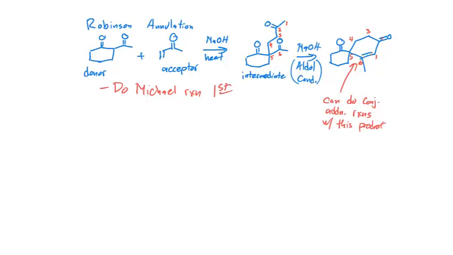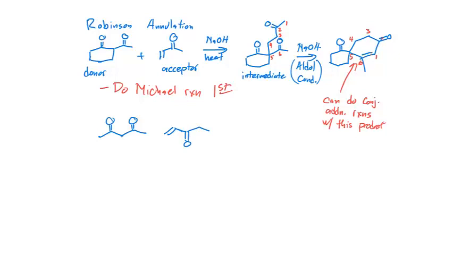So let's just look at one more example. What if we wanted to use just a simpler dicarbonyl species, and ethyl vinyl ketone.